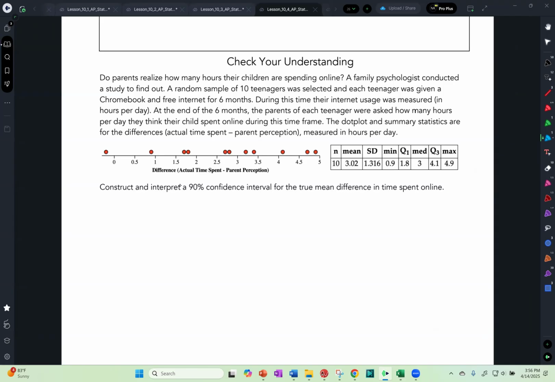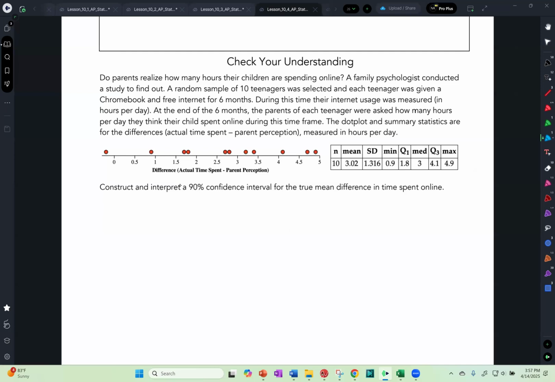So the data is paired on the individual student. The actual time that the person spent online minus how much the parent thought is all centered and paired on that one student. They could very easily run this test with all of the actual times average minus all the parent time average, but that doesn't give us as clear of a picture.